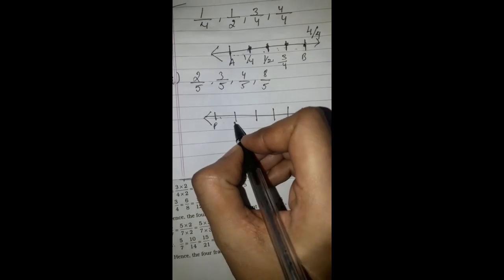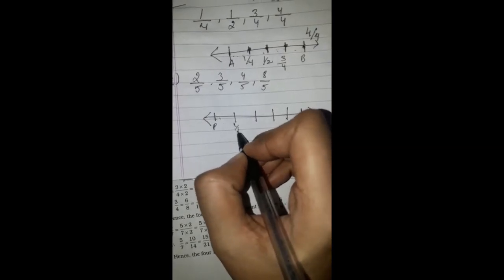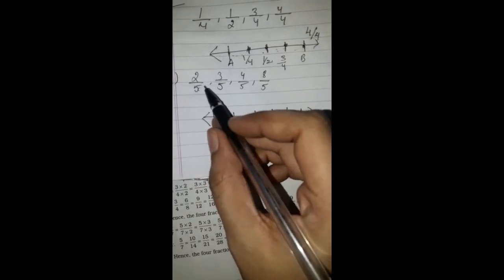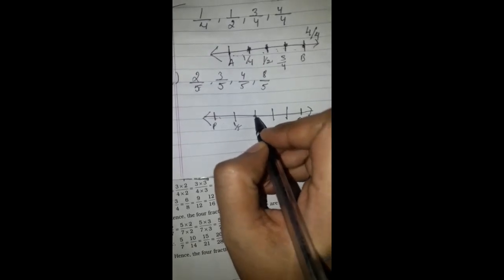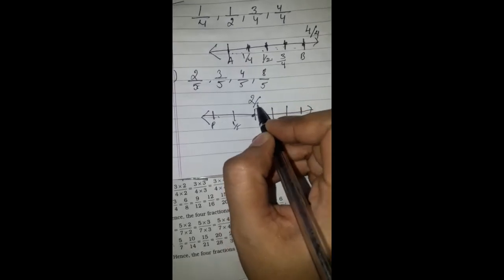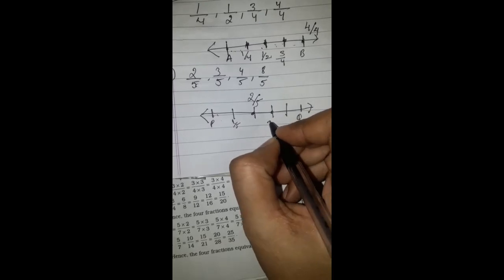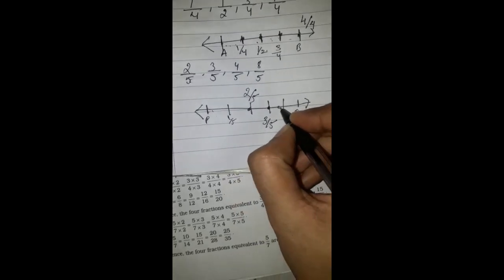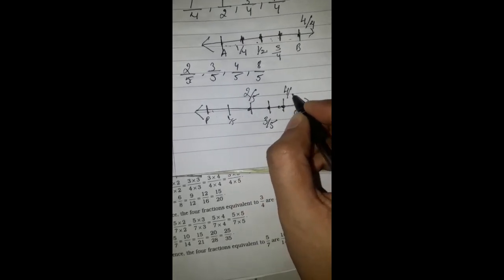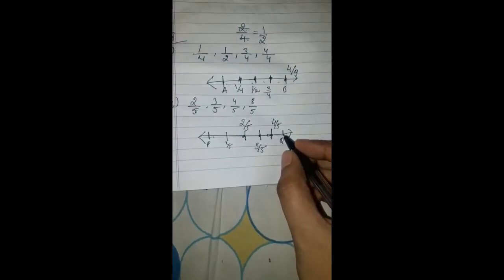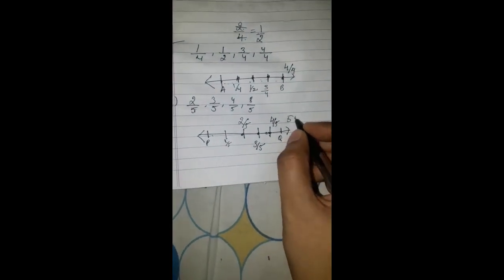So this is 1 upon 5, but we do not have to show 1 upon 5, we have to show 2 upon 5. So 2 upon 5 will be this one, 2 upon 5, then 3 upon 5 and 4 upon 5, and this will be marked as 5 upon 5.